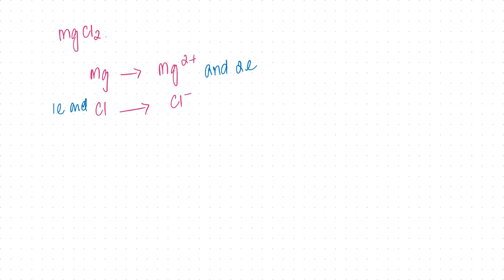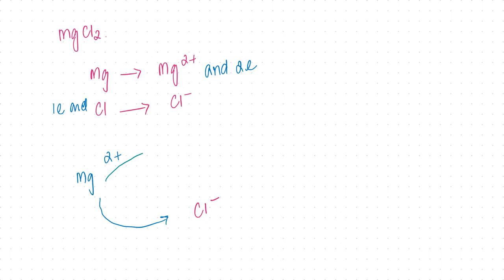Well, what happens to it is the same as what happens to sodium's electron. It gives 1 electron to chlorine, and that gives it a negative charge. And where do you think the second electron goes?